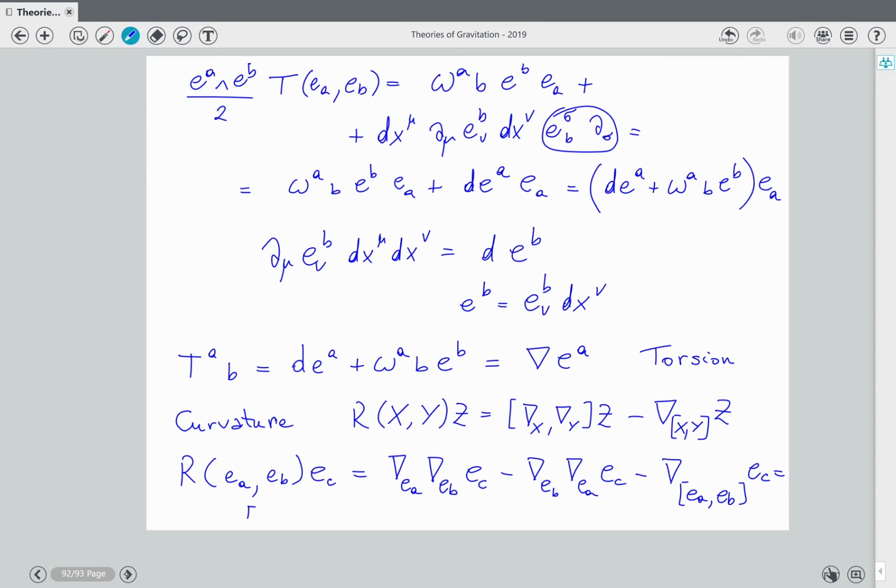Let's recall that we used a certain notation just to call these, and if you remember, the property of del is that del of fx is f of del x.